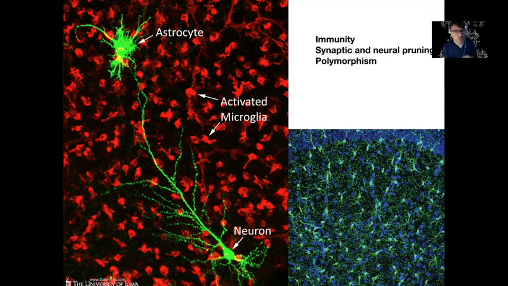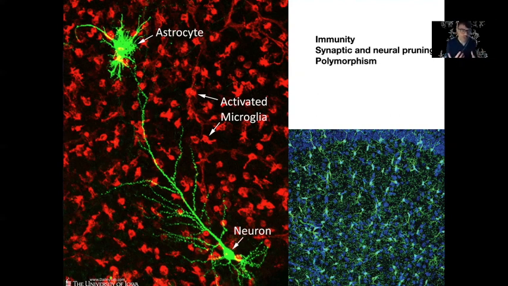But they will also work on the synaptic and the neural pruning, which we know is really the key to brain change and plasticity that make you who you are and not somebody else.